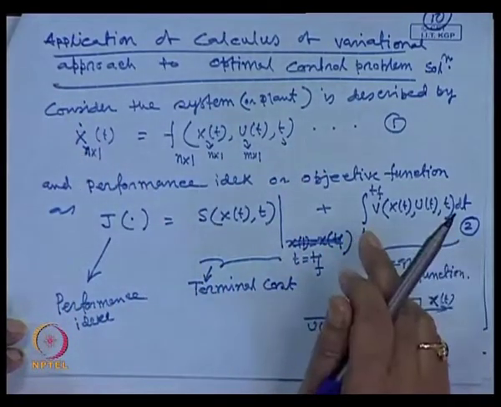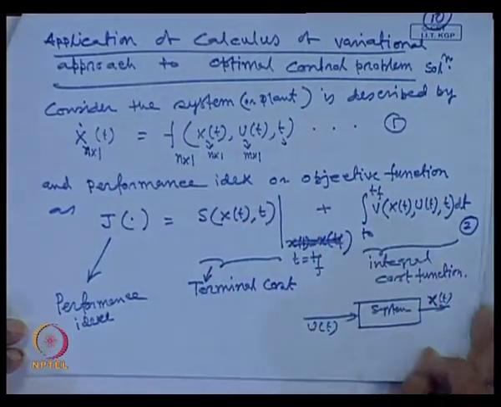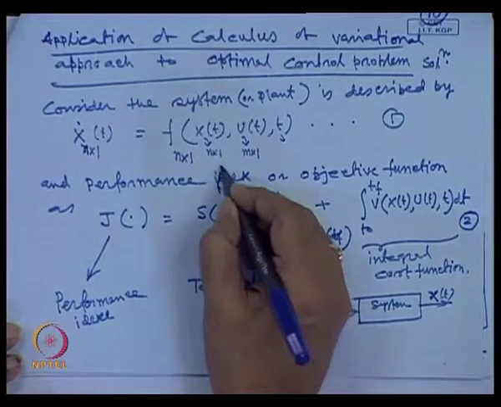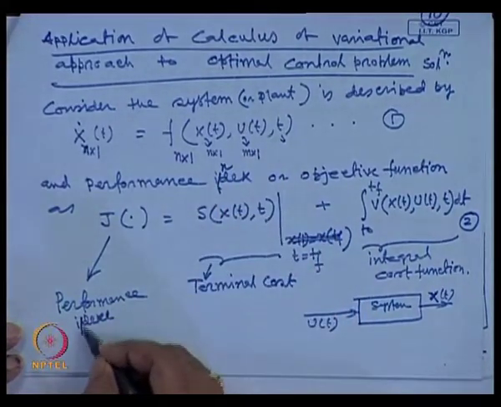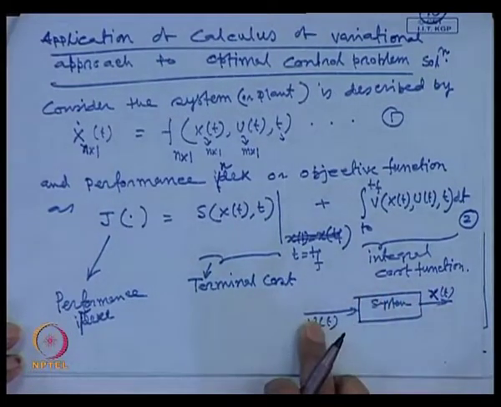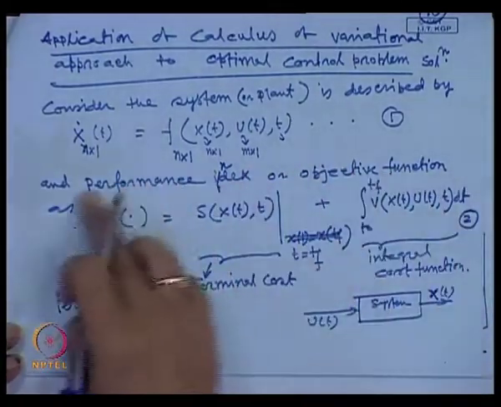So, the control input will dictate the response of the state. We have a performance index, and this is the system with its input. We have to design that input such that the performance index is minimized.